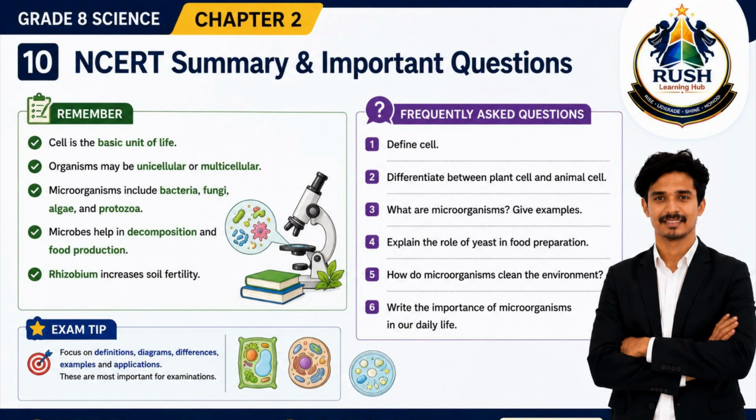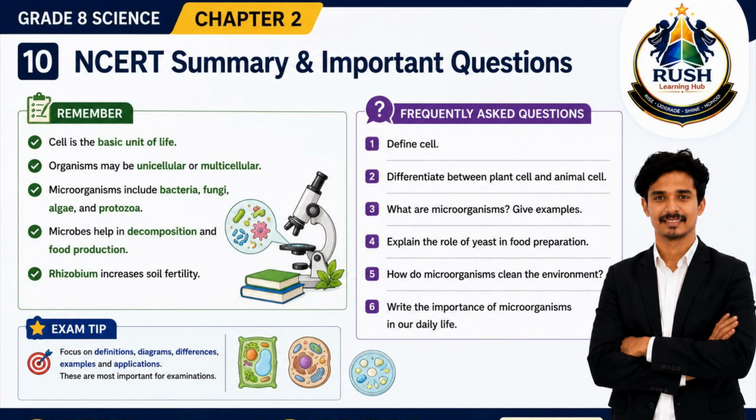The major groups of microorganisms are bacteria, protozoa, fungi, and algae. Microorganisms play important roles in decomposition, food production, digestion, biogas production, and nitrogen fixation. Rhizobium bacteria improve soil fertility by fixing atmospheric nitrogen.